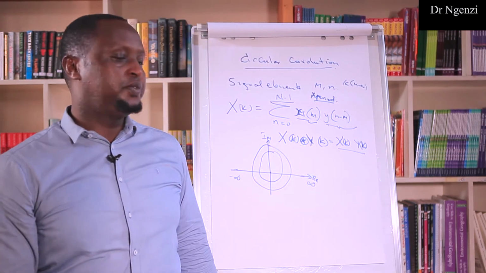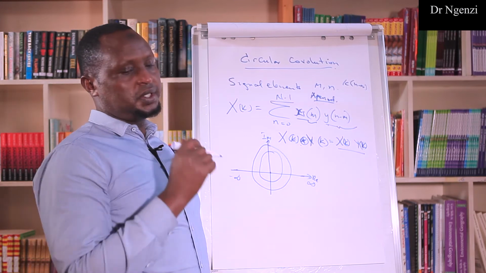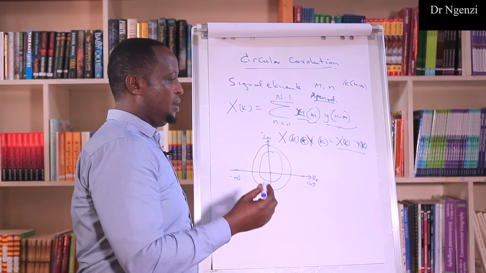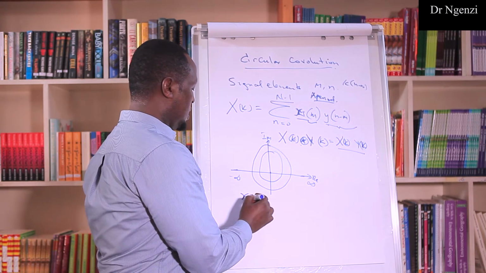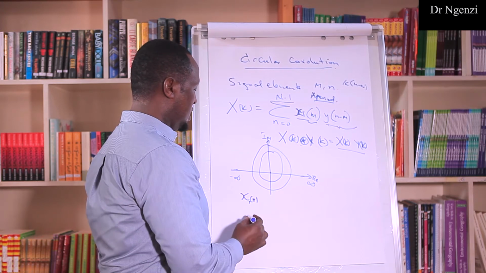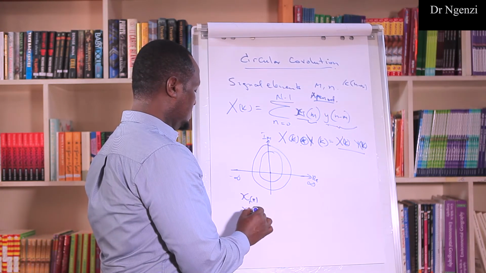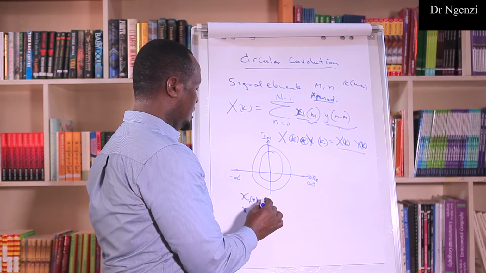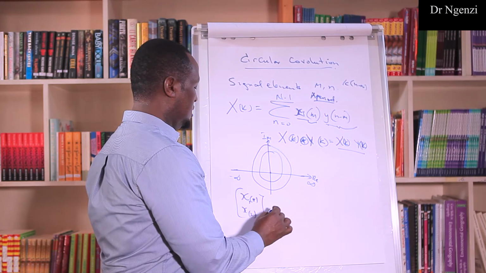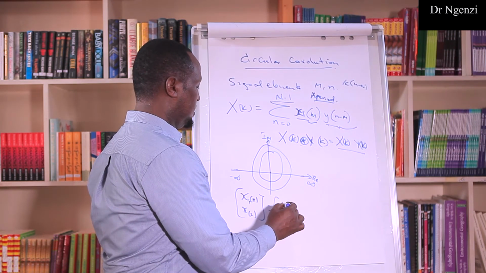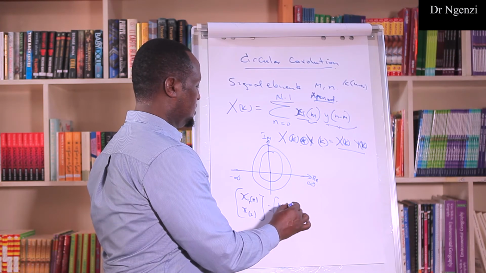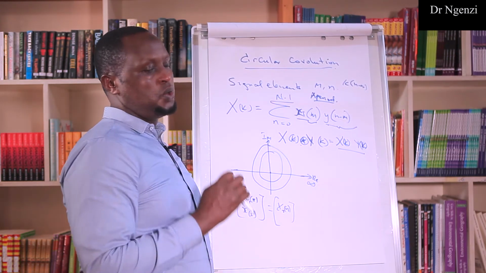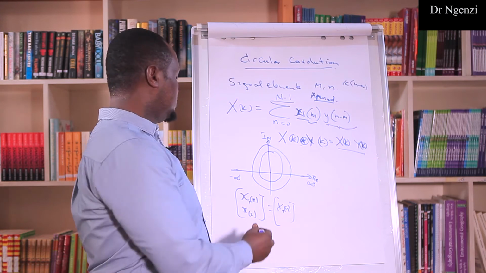So suppose we have two signals, for example x1 of n and x2 of n, and you want to obtain x3 of n in this case. So you have to convolve these first.